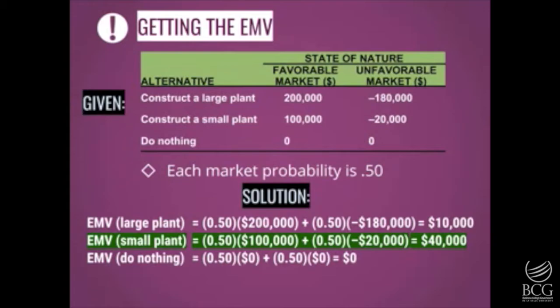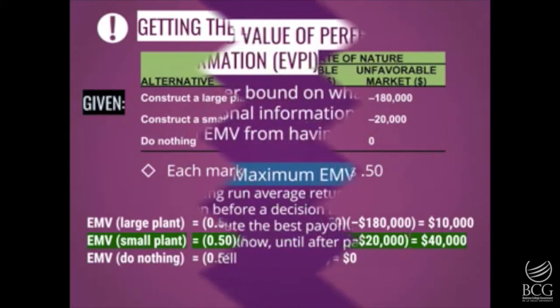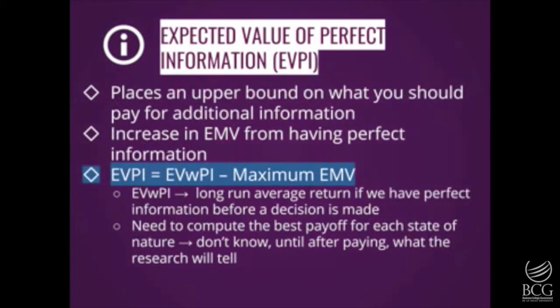There will be also times when we are given the choice to acquire information. To find if it would be beneficial for the company, we compute for the expected value of perfect information, or the EVPI. This places an upper bound on what you should pay for additional information.